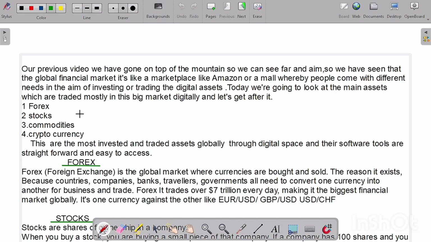So now you have entered into the marketplace. I have outlined the most traded assets in the global financial market, which are forex, stocks, commodities, and cryptocurrency. Now let's dive into each and every asset to know how it operates.